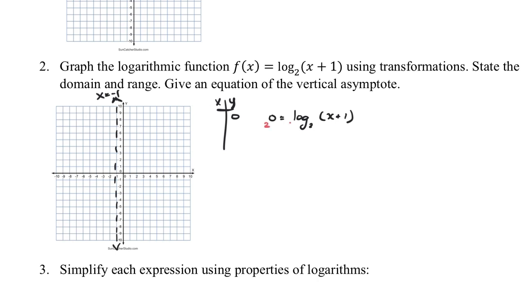So base of 2 here and here. Base of 2 is going to cancel the logarithm. So that's going to leave us with 2 to the 0 power here is 1. So this is 1 equals x plus 1. Subtract 1 on both sides and we get x equals 0.